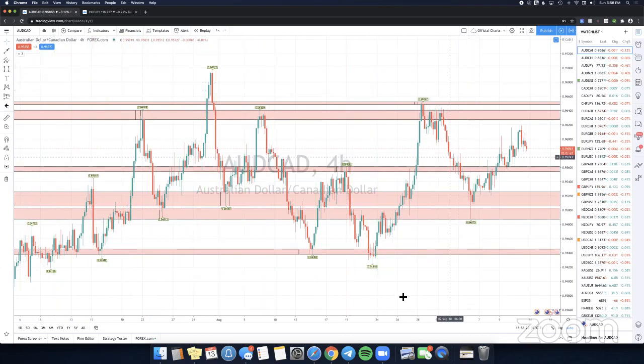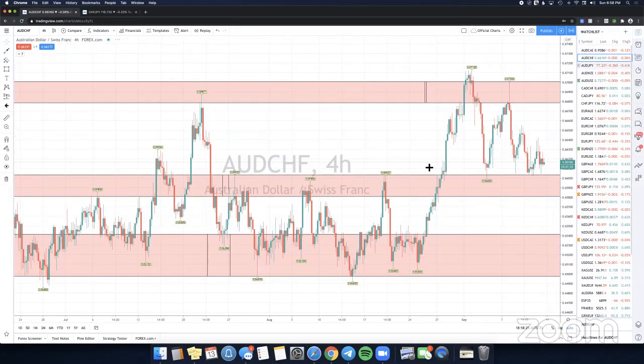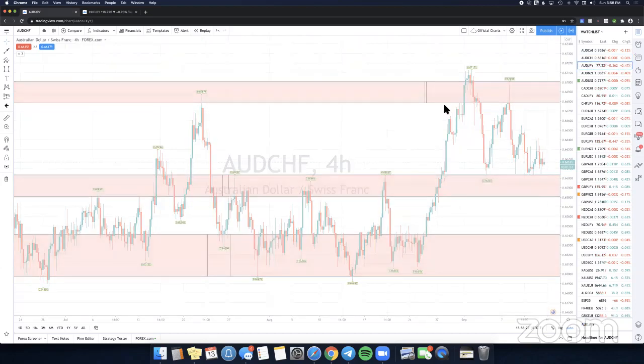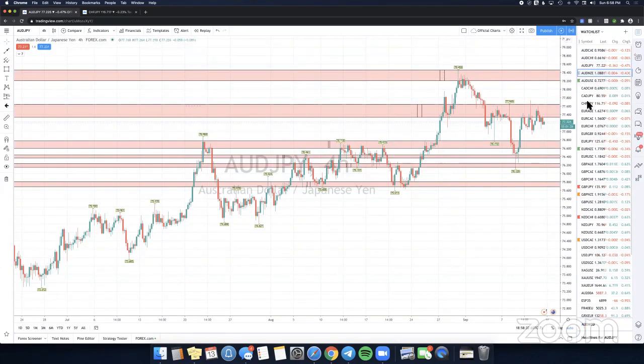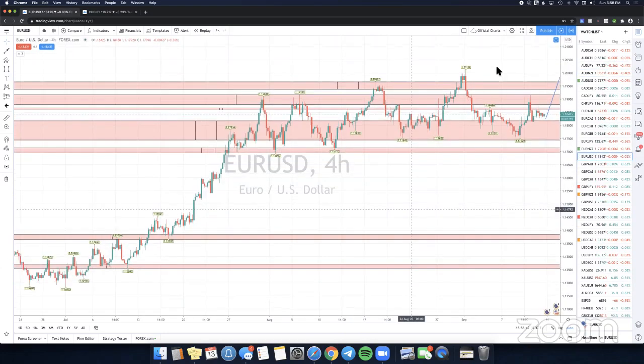You don't have to focus on just one pair. You can follow any pair and apply the same strategy across the 4 hour chart. You can see there are entries all over the place. Same strategy.